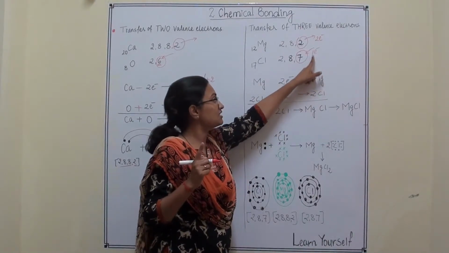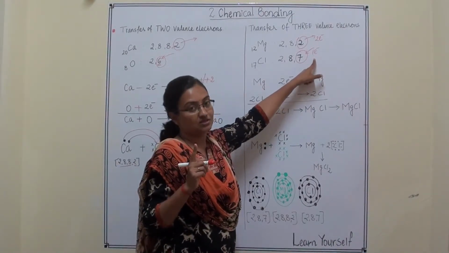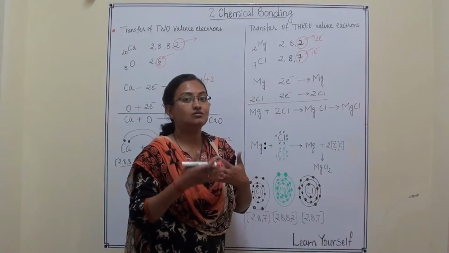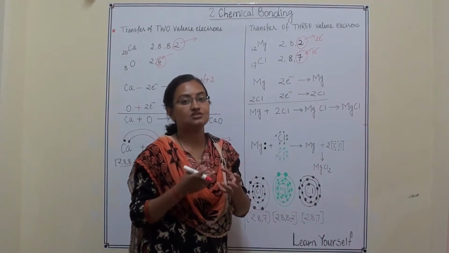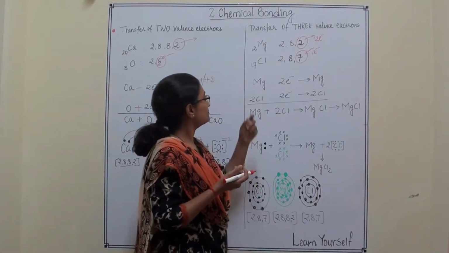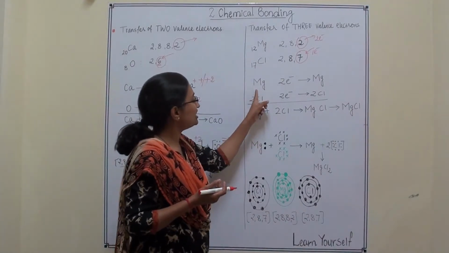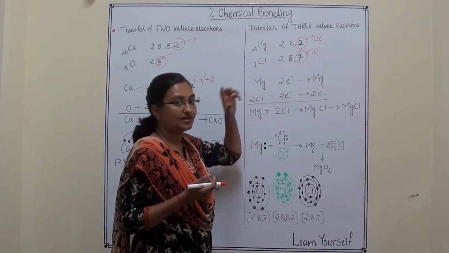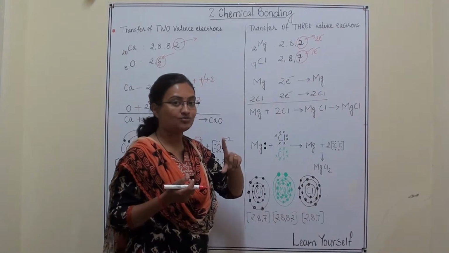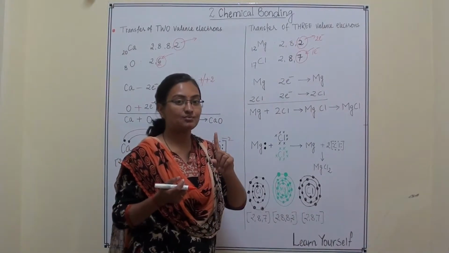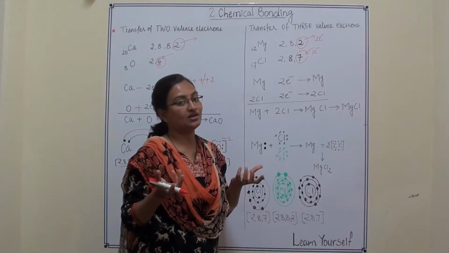That's why we will take 2 chlorine atoms here. This concept you will learn more in combining capacity of atoms. An electrovalent bond will be formed between 1 magnesium atom and 2 chlorine atoms.